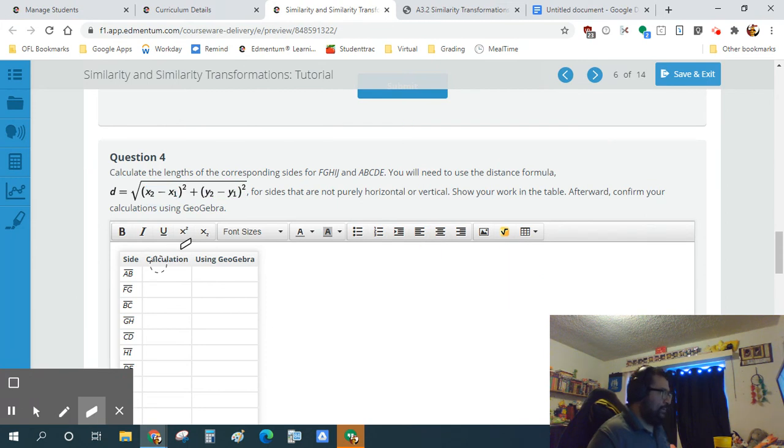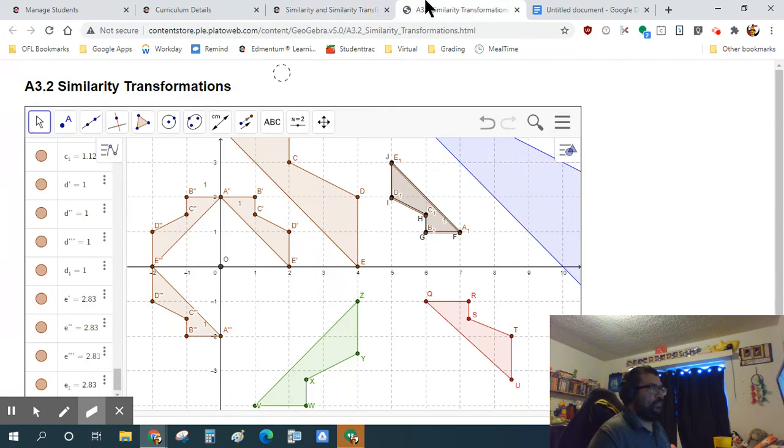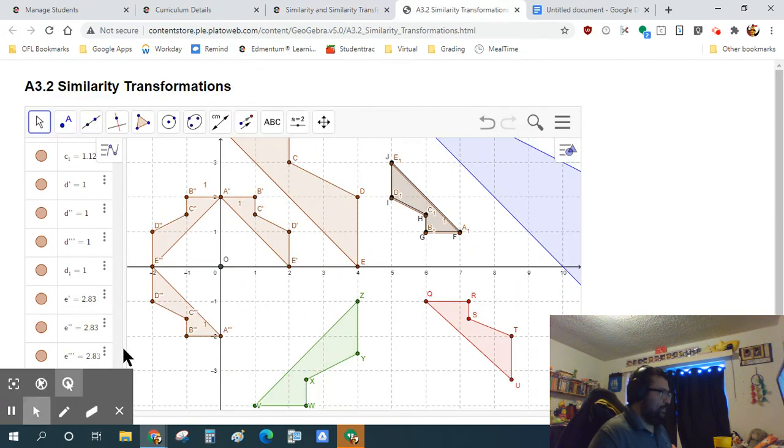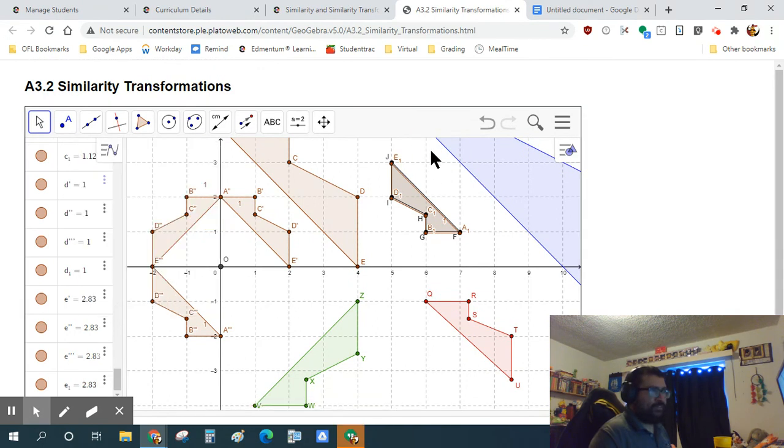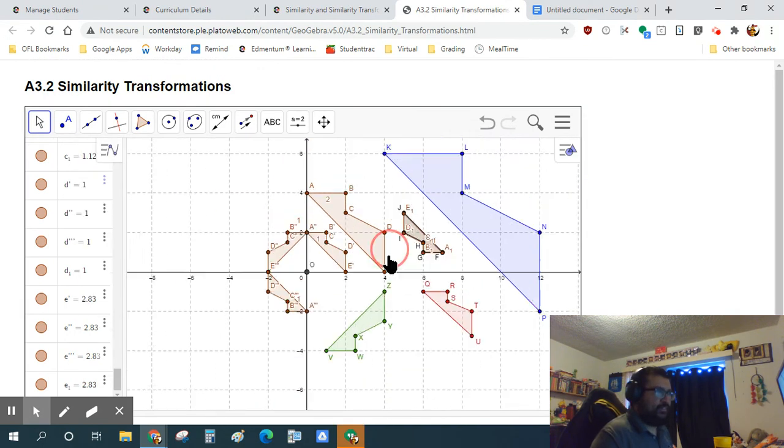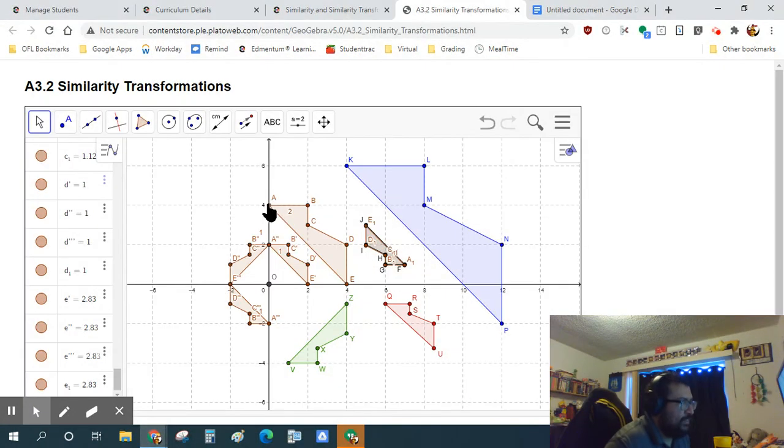So if I were to figure out AB, first of all, I don't even have to calculate that much because I have no y. Because I have no y, it's just x squared, the square root of x squared.